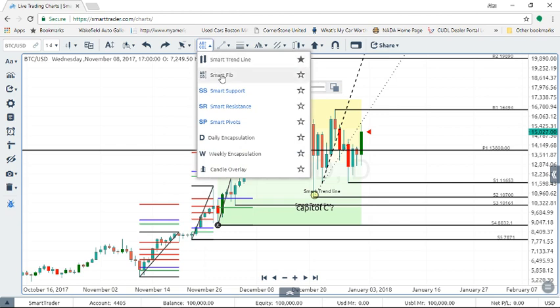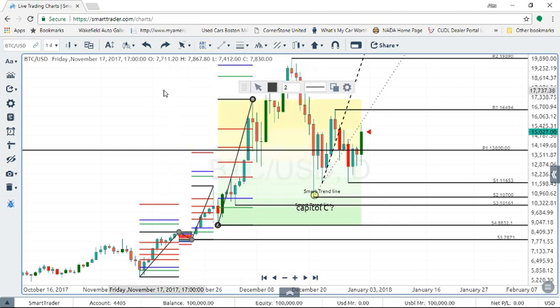So basically, if you click the Smart Fib, it fills it up for you. I started right around here, and it created one, two, three fibs up, and it's showing me the direction of this trend being in an uptrend from what I'm seeing here.